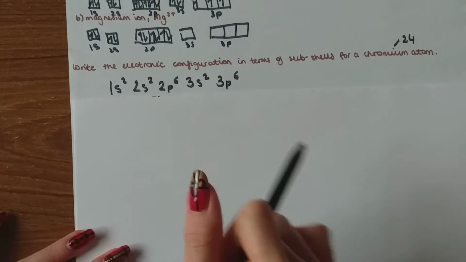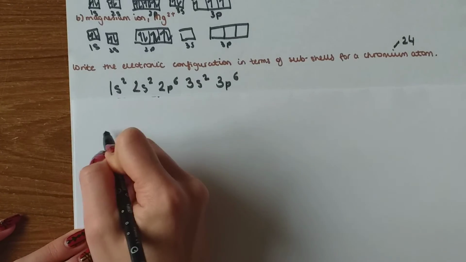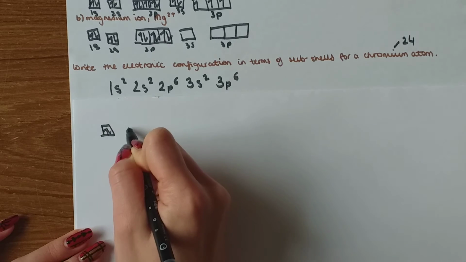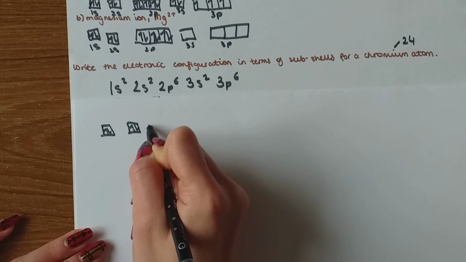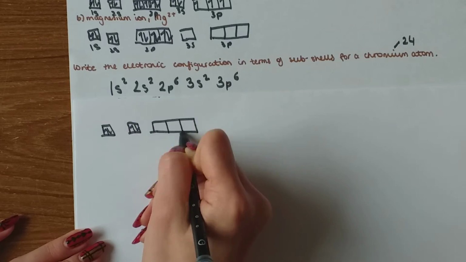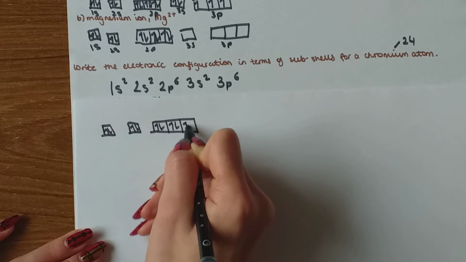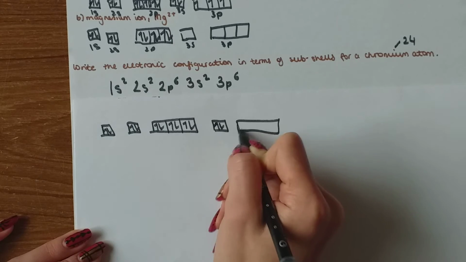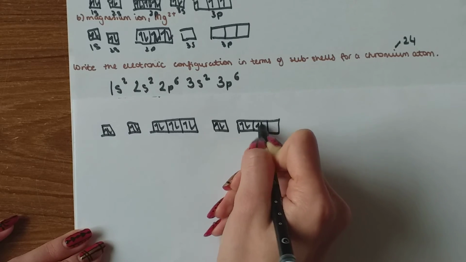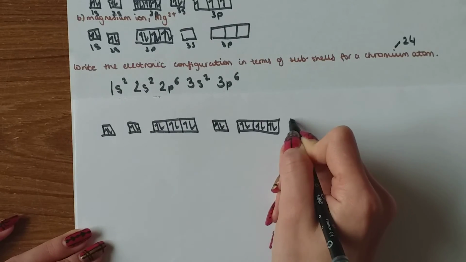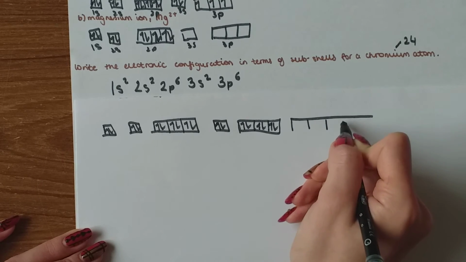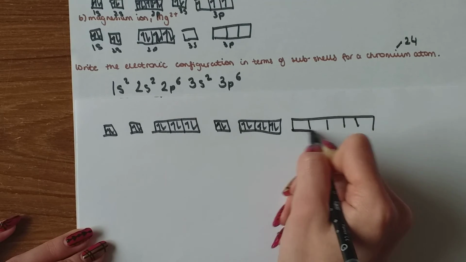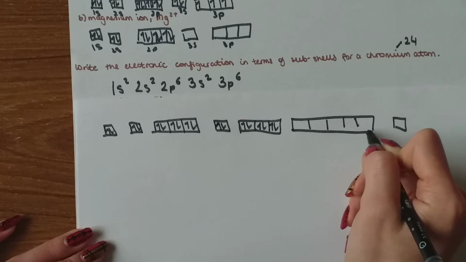So if you're not sure what to do next, I recommend just write in the boxes. And now we've got our big box, 1, 2, 3, 4, 5, and a small one.